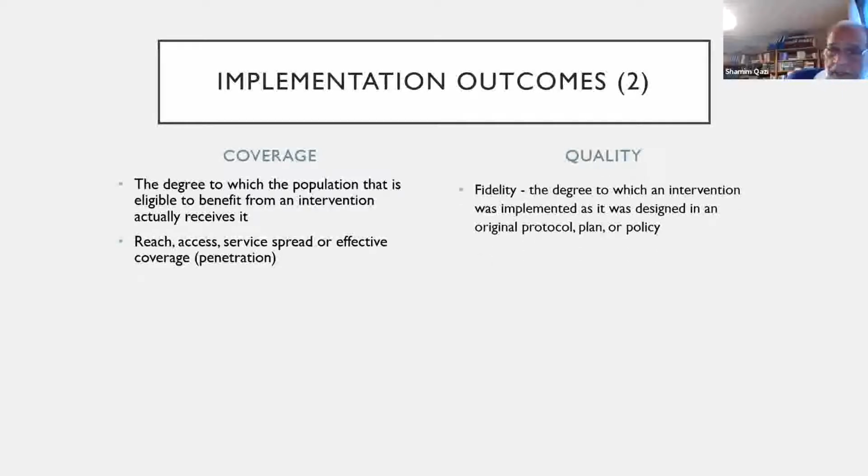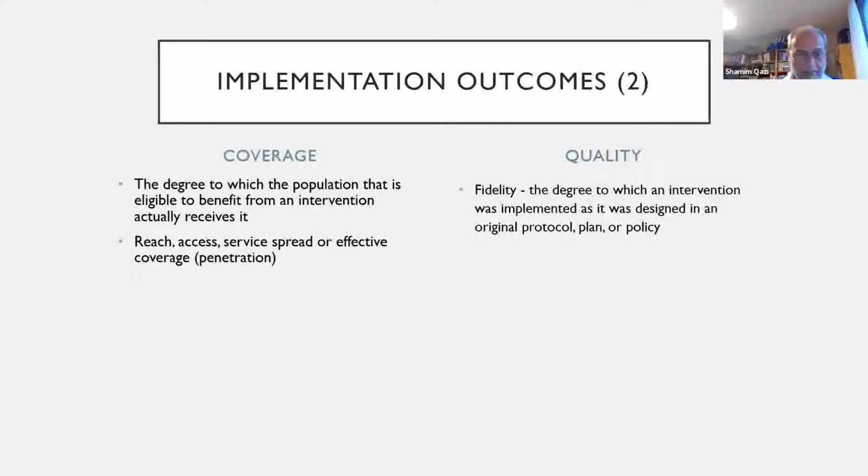The quality of the intervention that you are trying to implement is extremely important, and the fidelity. For example, in this PSBI intervention, when you had to refer a child to a hospital, you had to give them pre-referral antibiotics, one. Secondly, there were subcategories of PSBI. Some of them needed immediate referral, some of them could be treated in an outpatient facility, and some of them could be treated at home.